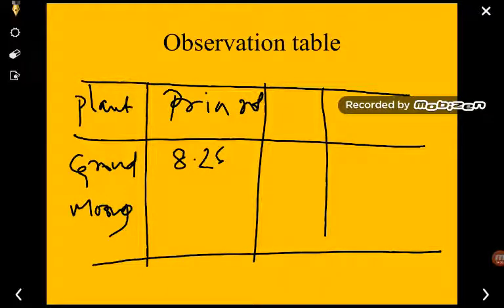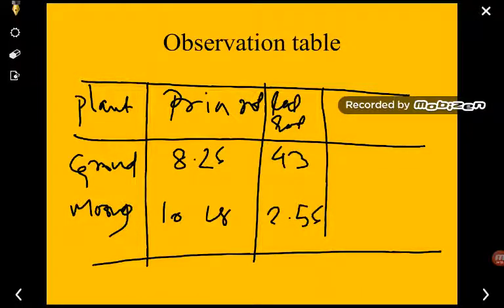Similarly, you have to write down the lateral root number. For the groundnut, that is 43, you have to write down. Similarly for the moong, you write down the primary root length, that is 10.18, and 25.6 as the lateral root number.